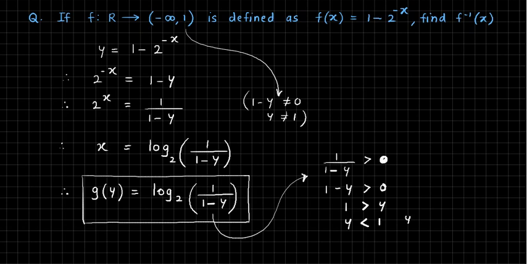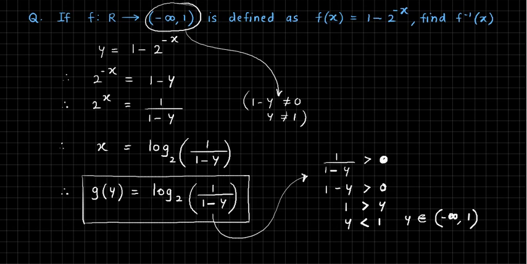Now if y is less than 1, it means that y can be any real number less than 1. So therefore y must belong to the interval of all the real numbers which are less than 1 but not including 1. So we will have the open side at 1, and less than 1 we can go up to anywhere up to minus infinity. Alright, and we see that this is precisely the second set given to us. So that confirms that y will be definitely belonging to this particular set as required.